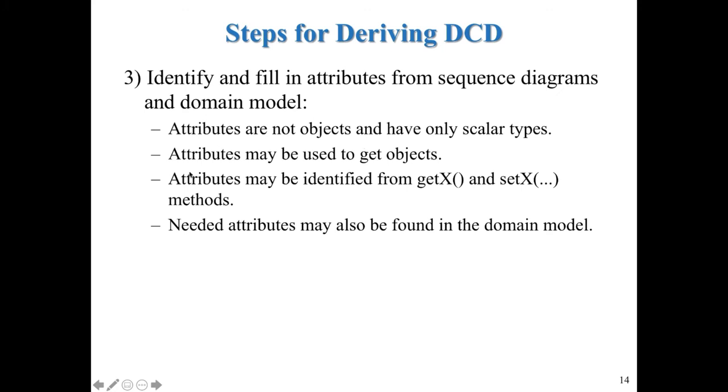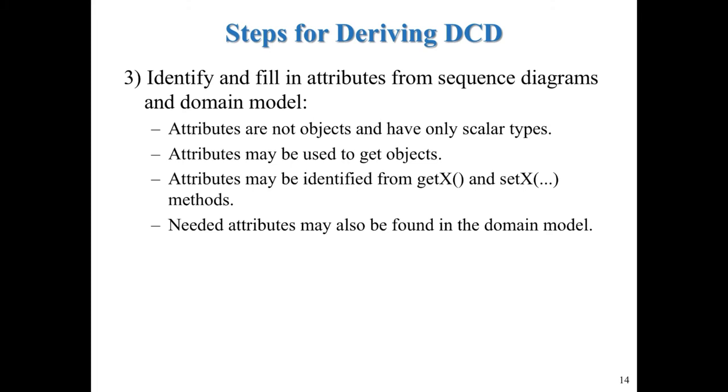The attributes may be used to get objects. For example, all the get and set. These are the major methods that you usually use, and all the parameters that you pass inside get and set, all the parameters you are passing here, these are the attributes. Usually when you are making the classes, you make the methods of get and set.